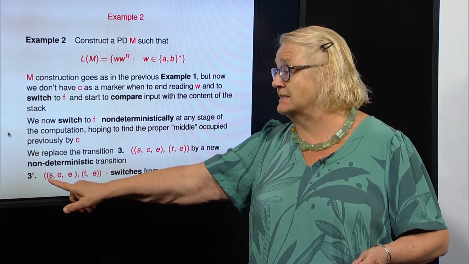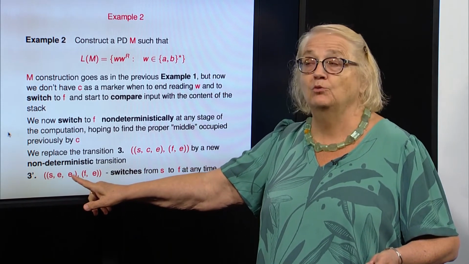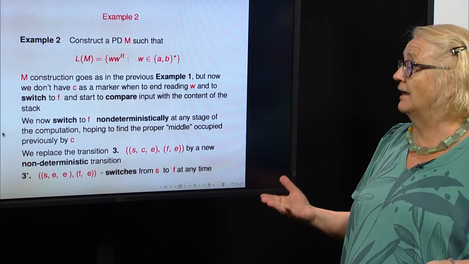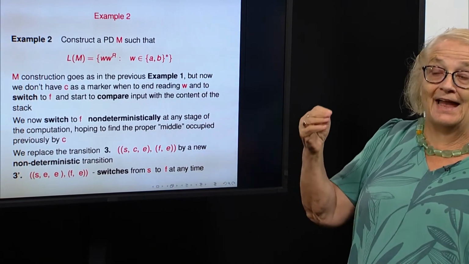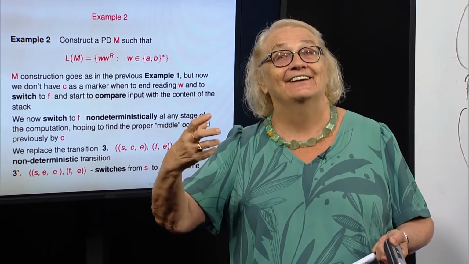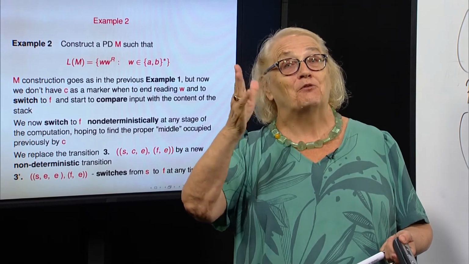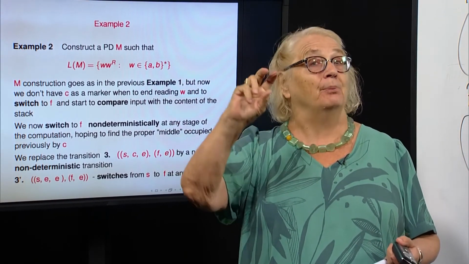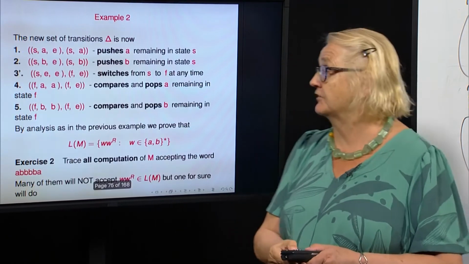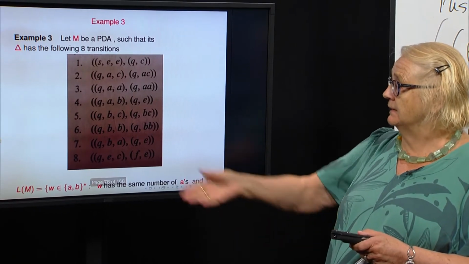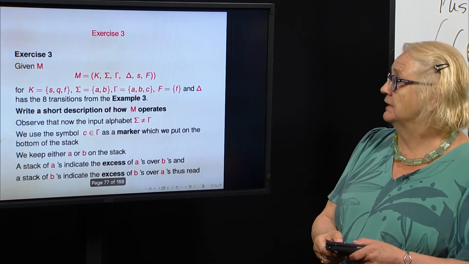You are in state S, you read nothing, you do nothing to the stack, you switch, and you keep switching until you find the C, this middle place, where the switch is proper, and then you would be able to remove the stack. So you have a similar automaton. And here is writing all those things together.